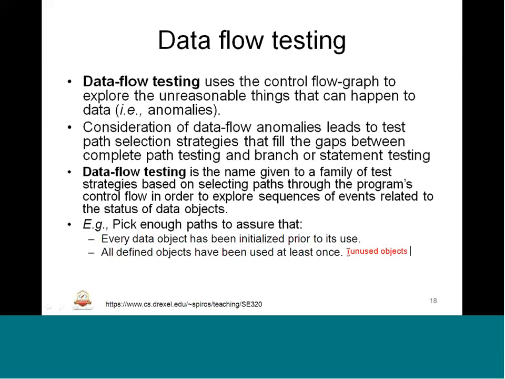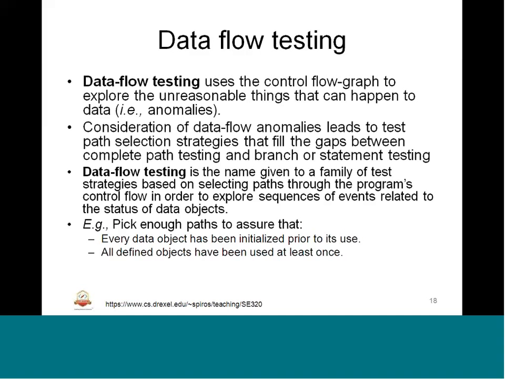We cannot have it, because unnecessarily it will occupy memory without the need, and sometimes other functions could use the same name as the one that is unused here in the other program, which will result in some sort of anomalies in the program. So it is better to avoid this type of thing, and this will be done with the help of data flow testing.